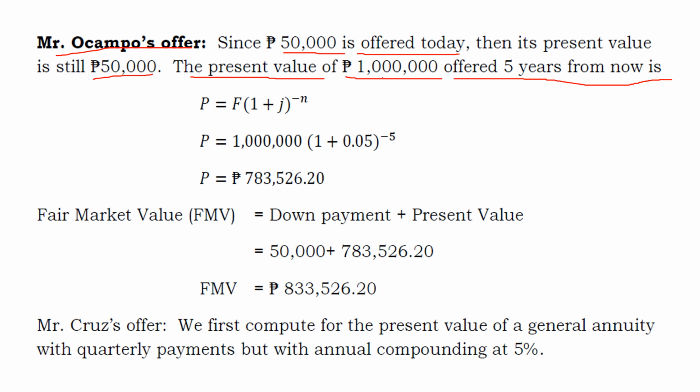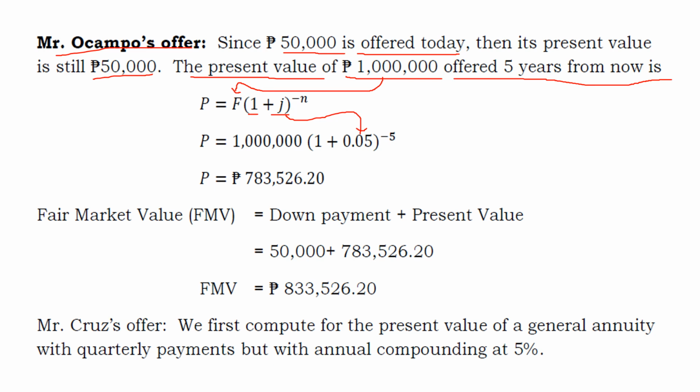If we substitute this 1 million pesos as your future value F, because this 1 million pesos is offered 5 years from now, so this 1 million pesos is a future value. It will be multiplied by 1 plus i. Your i is 5%, since it is compounded annually.